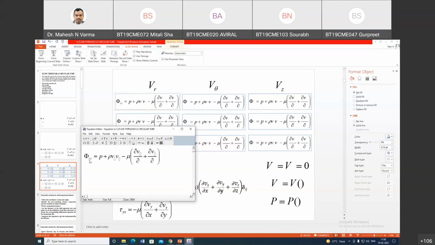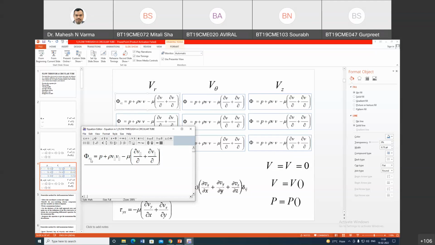Guruprit, so here I am discussing R momentum. So how is this correct? Here I am discussing Z momentum, how it is transported in the R direction, and under this I am discussing R momentum. This will be the component of R momentum. Yes, sir.